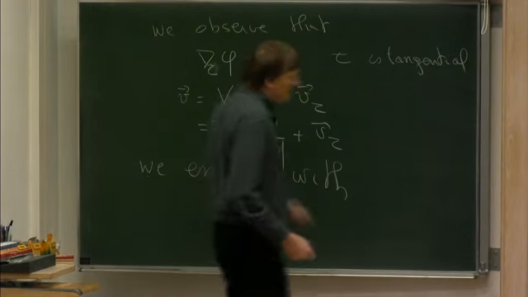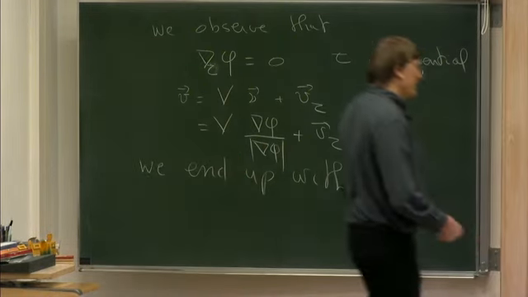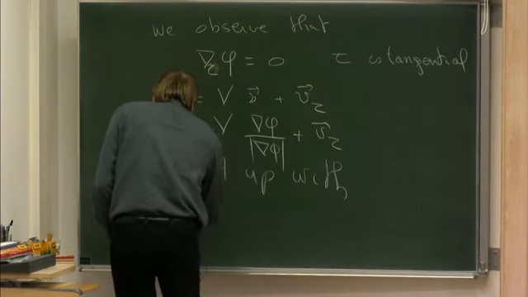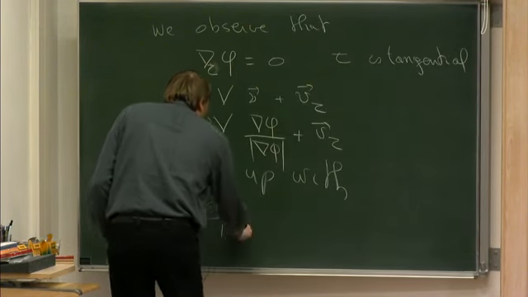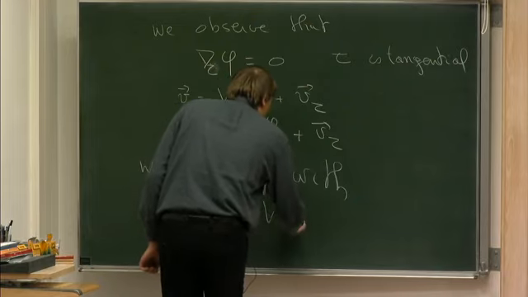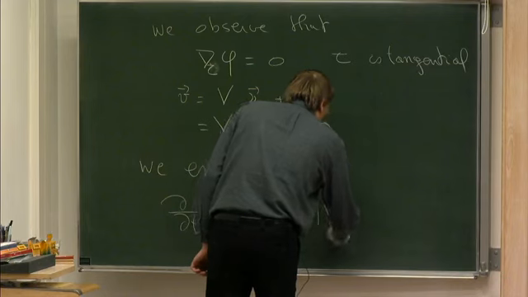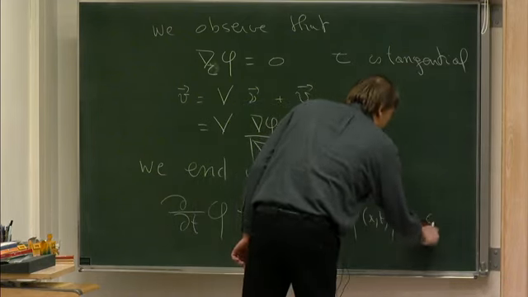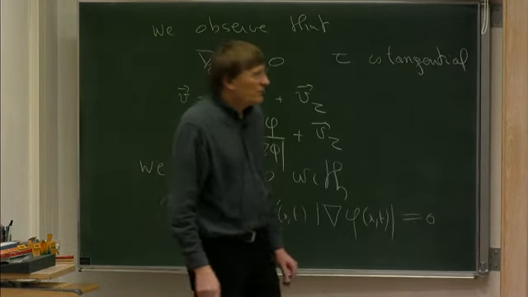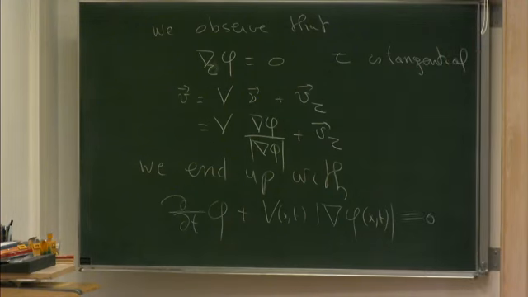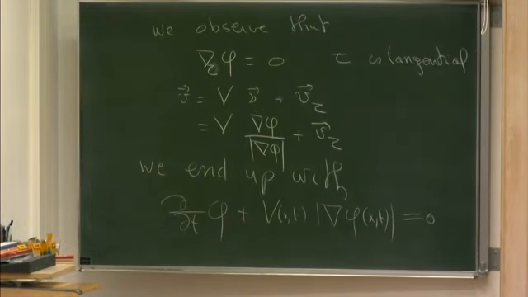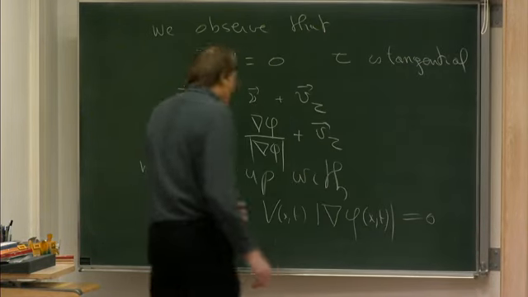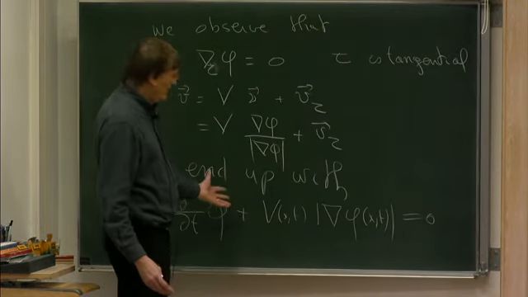So if you put that in this relation, what you finally obtain is d over dt of phi plus V of x, t, now a scalar, multiplied by the norm of the gradient of phi of x, t, equals 0, which is another option for describing this interface.